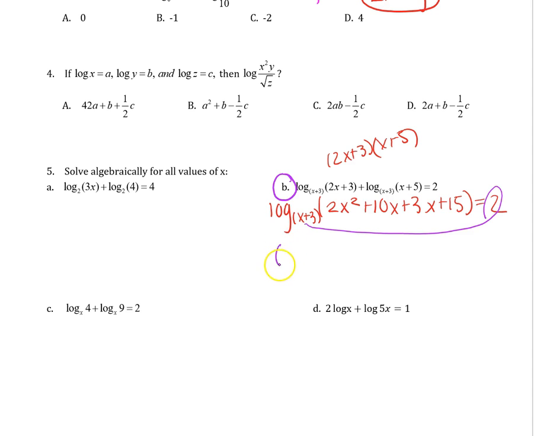Okay, so this is going to be x plus 3 to the second power is equal to this whole mess, but I'm just going to clean it up a little bit. So 2x squared plus 13x plus 15. Okay, now x plus 3 squared is not x squared plus 9, it's x squared plus 6x plus 9.